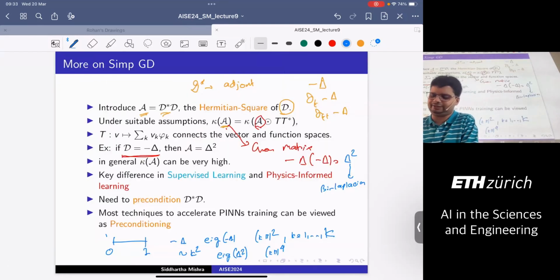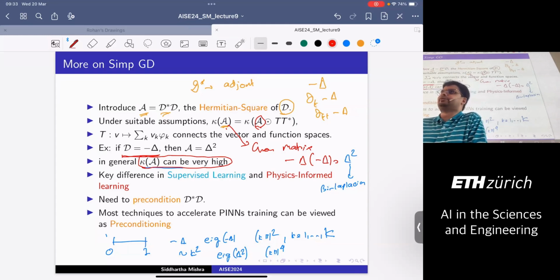And this tells you that, first of all, this can be very high. And this is the very nature of the beast, that the high order derivatives are worse conditioned than low order derivatives. And because we are forcing the differential operator, your condition number is twice in some sense that of the differential operator.